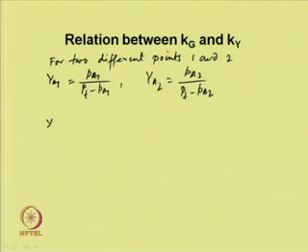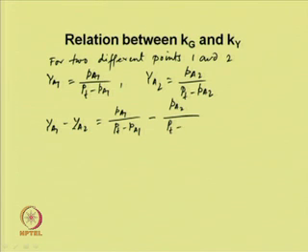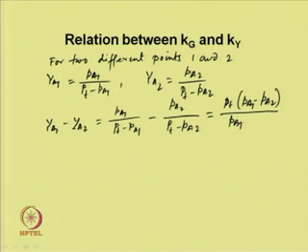So, the difference Ya1 minus Ya2 will be equal to Pa1 by Pt minus Pa1 minus Pa2 by Pt minus Pa2, which will be equal to Pt into Pa1 minus Pa2 divided by Pb1 into Pb2.